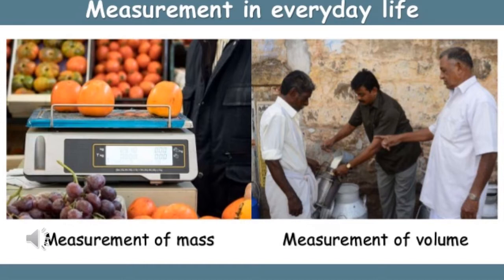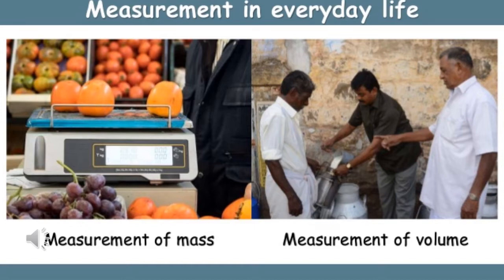On that weighing balance, the shopkeeper puts the objects which you want to buy, and it tells you what the weight of the object is, and then according to that he predicts the price and gives to you. So basically, what he did was measure the mass of a substance.